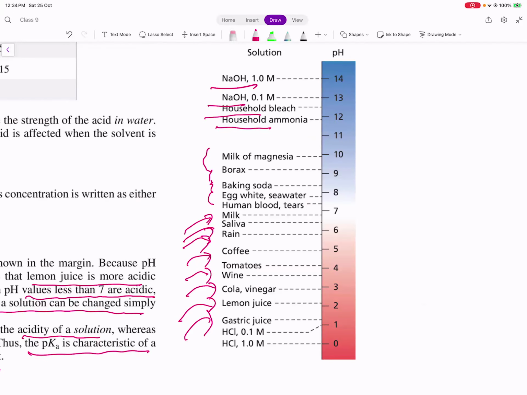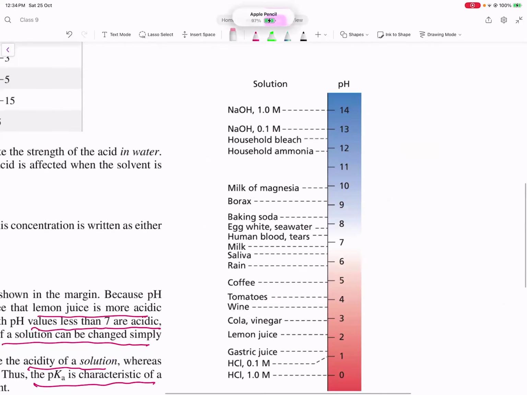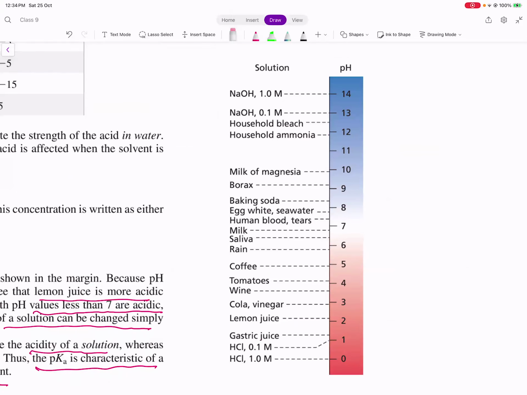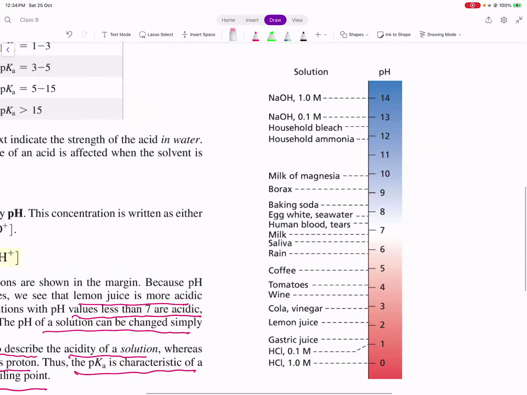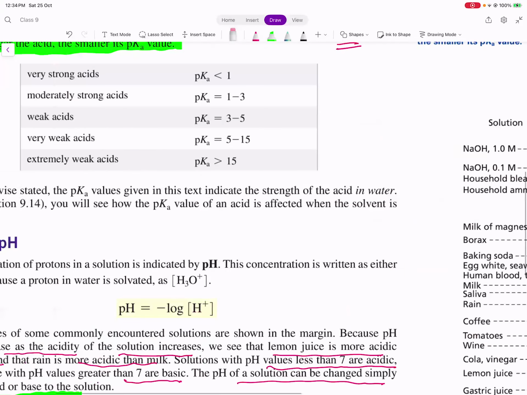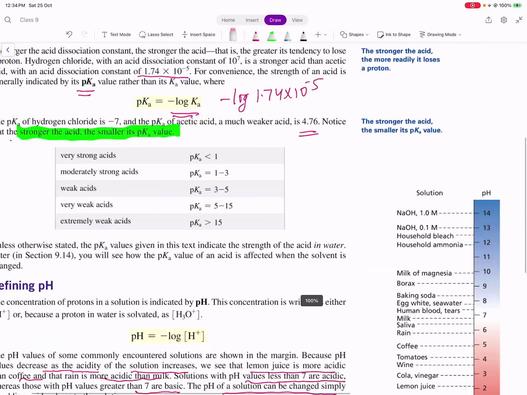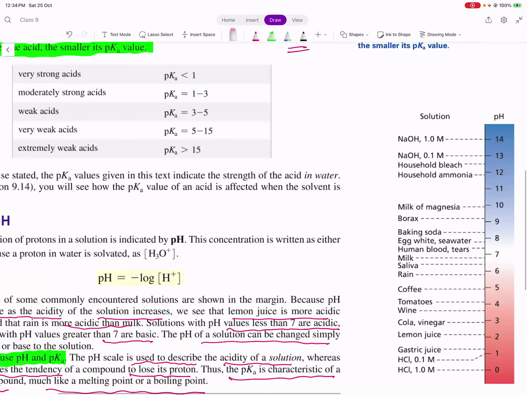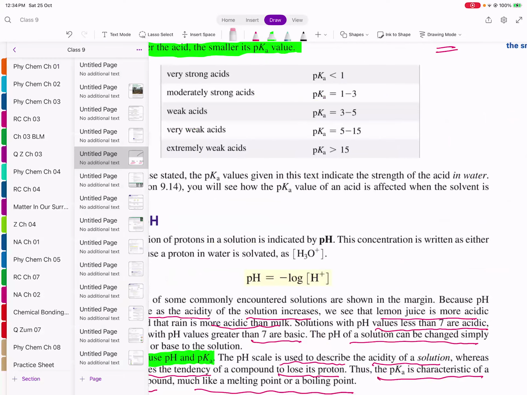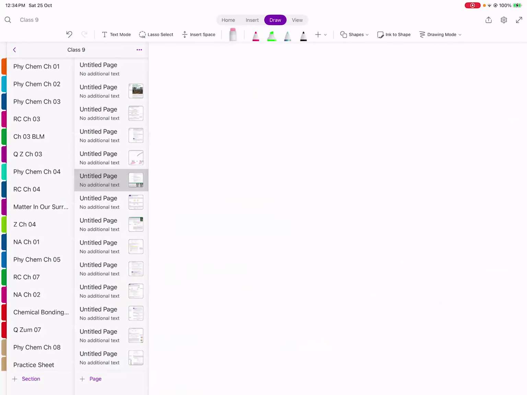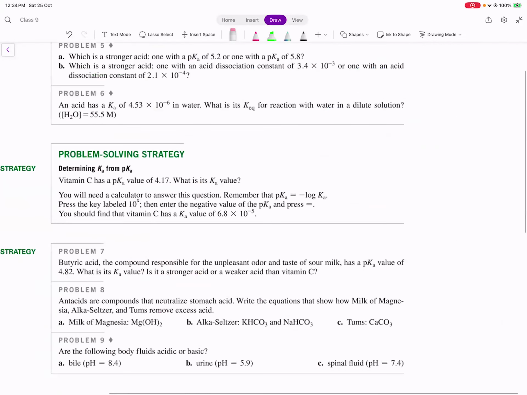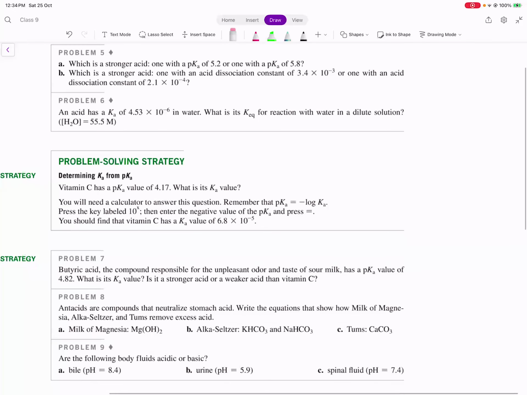You can take a screenshot of this, or you can open the notes in the alternate window. You will need this table also. So we have to do questions 5 till 9.